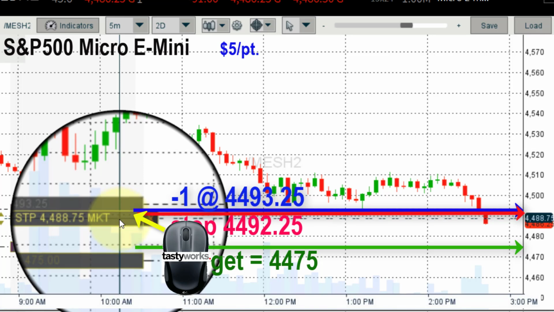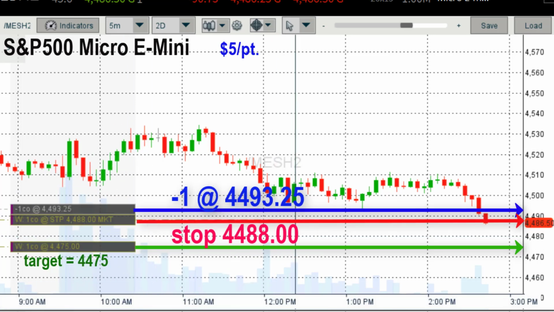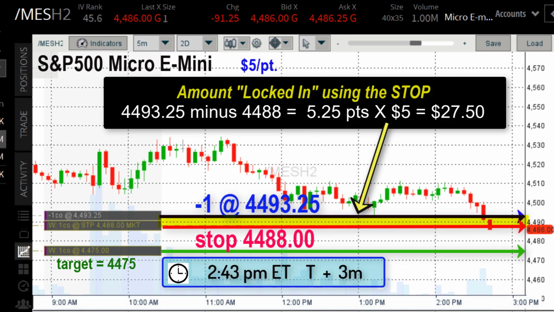And I finally make a decision here and move my stop down to 44.88. Now, as you see on the screen, that means I've locked in the worst case scenario in this trade now is that I'm going to make $27.50.